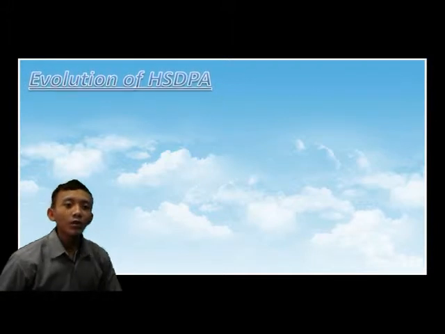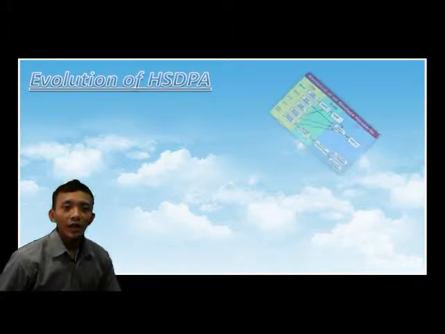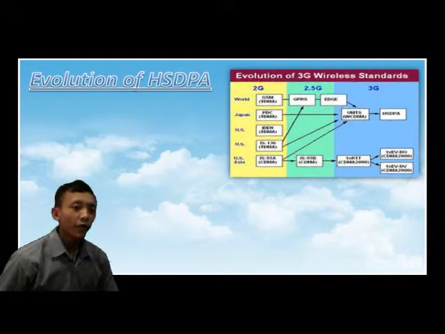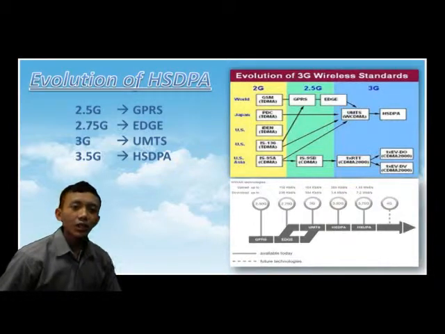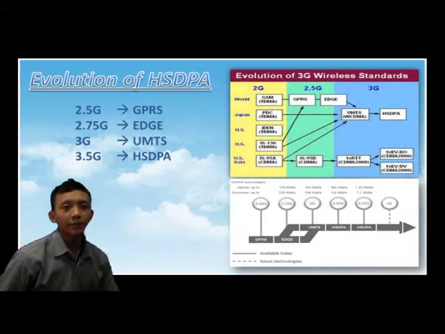Now, what is the history of HSDPA? The most important generations are as follows. The first is 2G, 2.5G or GPRS, General Packet Radio Service. A 2G 2.5G technology that allows sending and receiving data faster than the previous GSM technology.